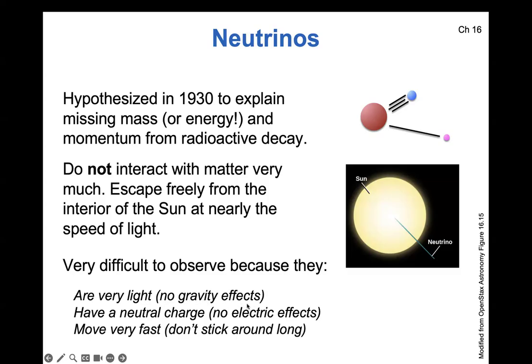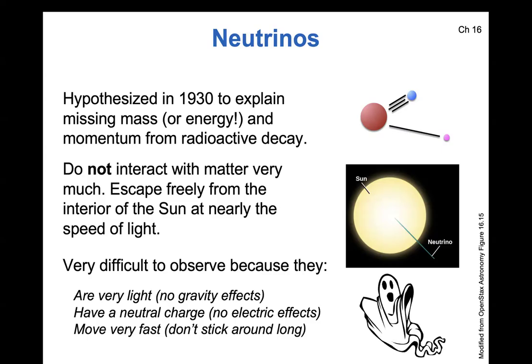We could almost say the same for electrons, so let alone for a neutrino that is less than a millionth as massive as an electron. They're neutral, so no electric effects, and they move incredibly fast, so there's not much time to observe them. Again, they move at something like 99.9% the speed of light.